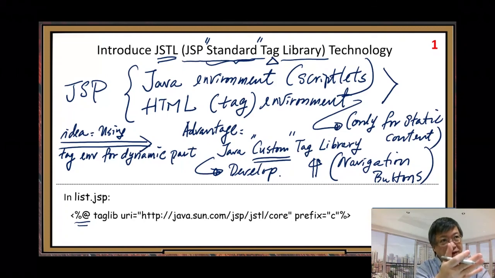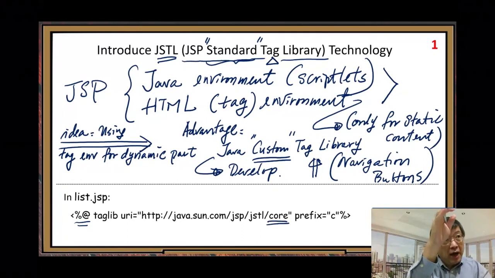The way we use it, taglib, tag library, is a special type of JSP directive. Then this URI is the standard way we refer to the core package of JSTL.